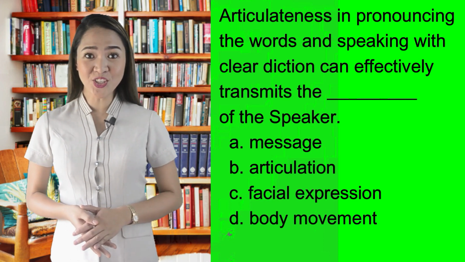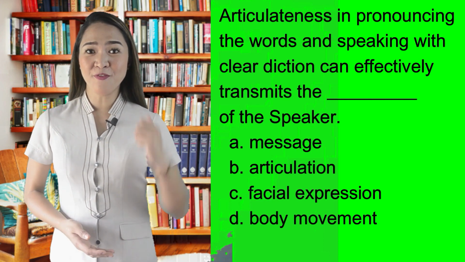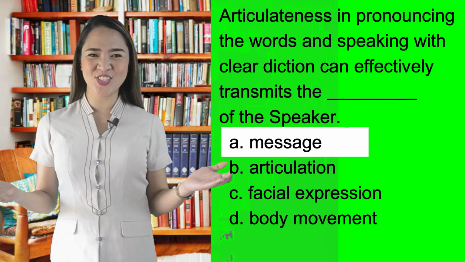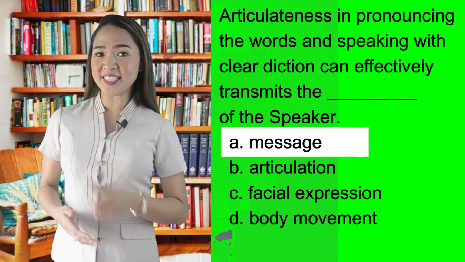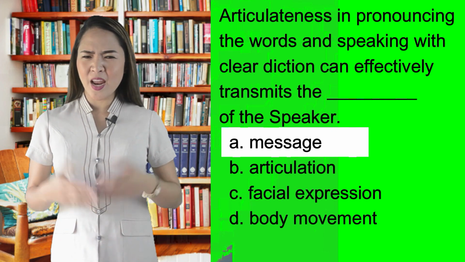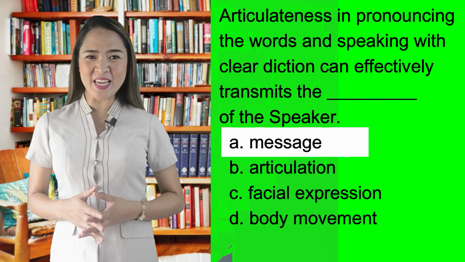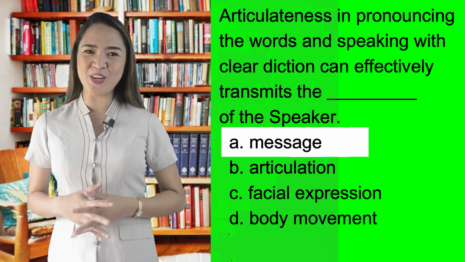What is the correct answer? Very good. The correct answer is A. Message. Articulateness in pronouncing the words and speaking with clear diction can effectively transmit the message of the speaker. Let's move on to the next question.